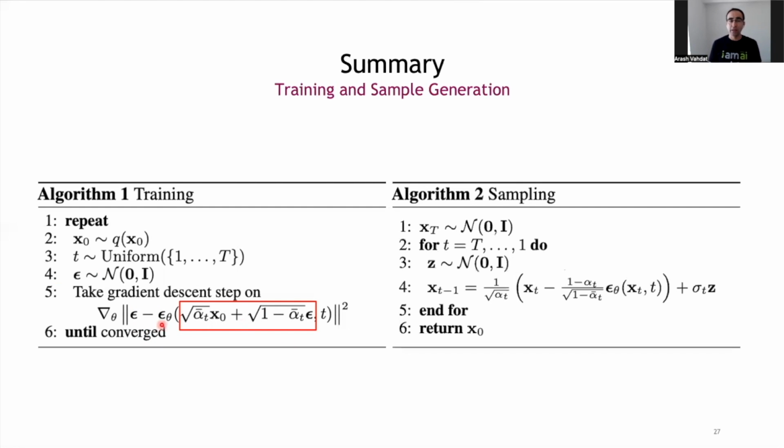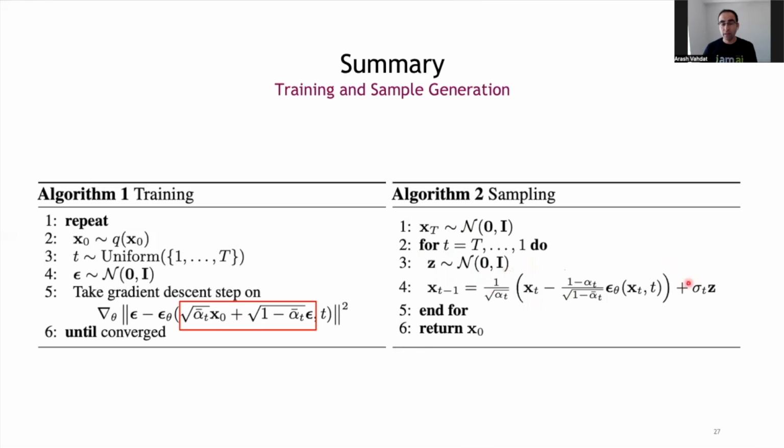After training, if you'd like to draw samples from your diffusion model, you can use the reverse diffusion process to generate data. So we're going to start from the last step, x capital T. We're going to draw samples from the standard normal distribution. And then here we have a for loop that walks back in the diffusion process, starting from capital T all the way to t equals 1. At every step, we just draw white noise, z, from the standard normal distribution.